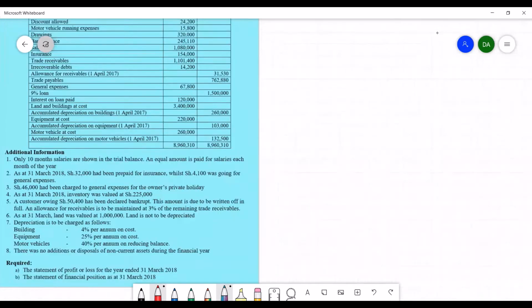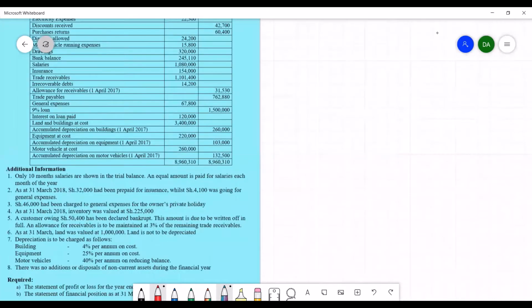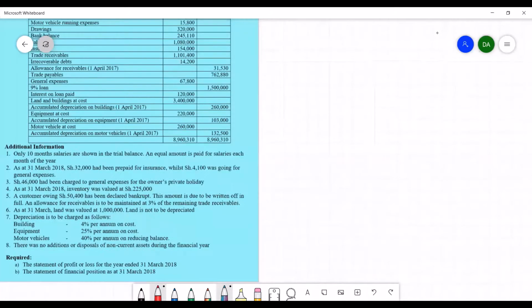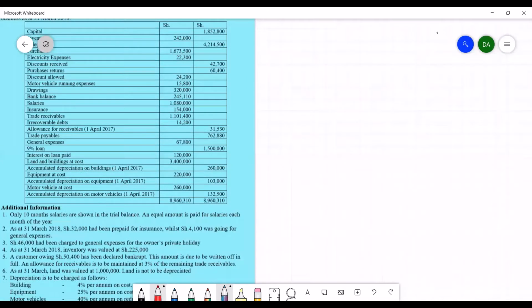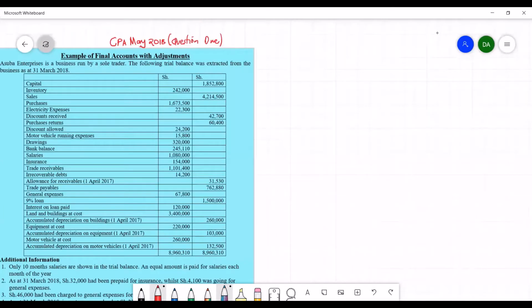Right, we start answering this question by preparing the statement of profit or loss as follows. As we do this, we are referring to the format that we already learned in lesson number 1. So you may need to look at lesson number 1 so that you can understand the format of the statement of profit or loss well. We explained each and every item in that particular format. This is Asuba Enterprises.